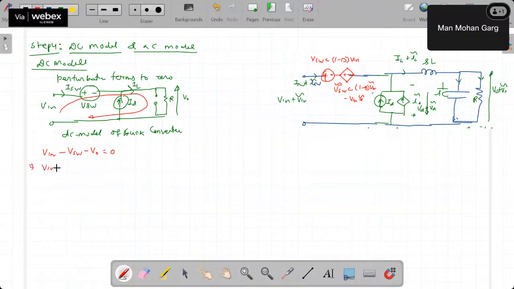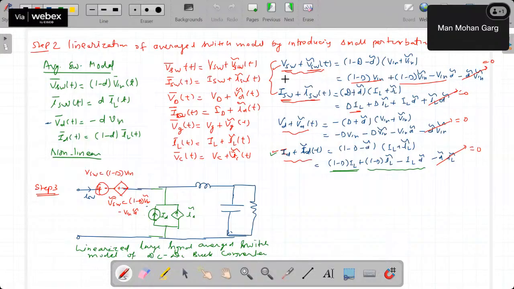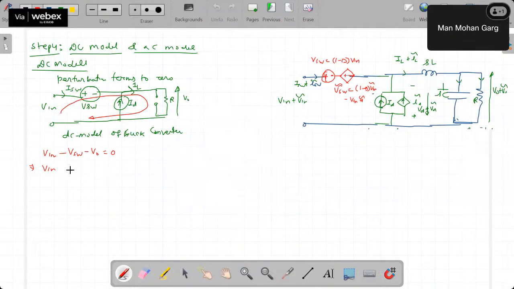Now the value of V_SW, we'll see from the previous slide. The value of V_SW is (1 minus D) into V in. So (1 minus D) V in minus V0 is equal to 0.